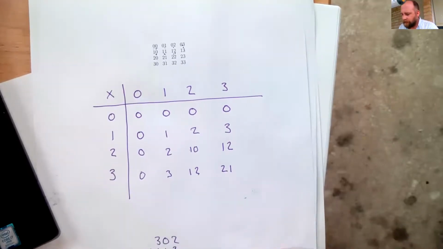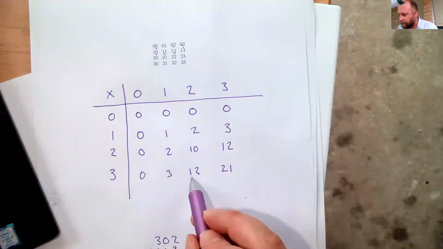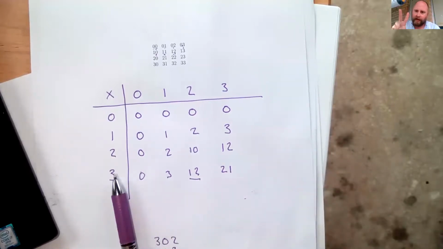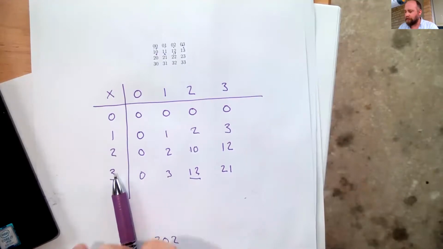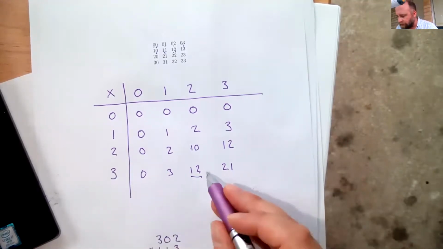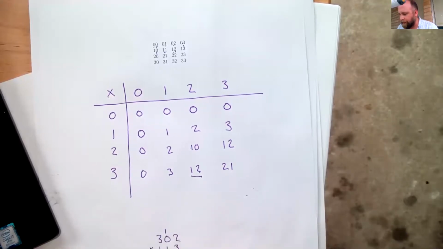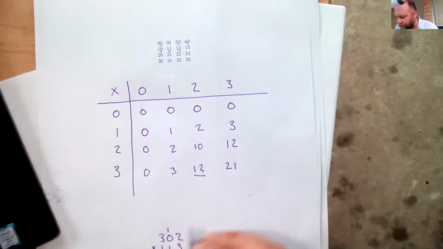Let's see. 3 times 2 is 1, 2. Remember, don't say 12, because 12 is this and that. Okay, 10 and 2 more. This is 1, 2. So put the 2, carry the 1. 3 times 0 is 0 plus 1. 3 times 3 is 2, 1.